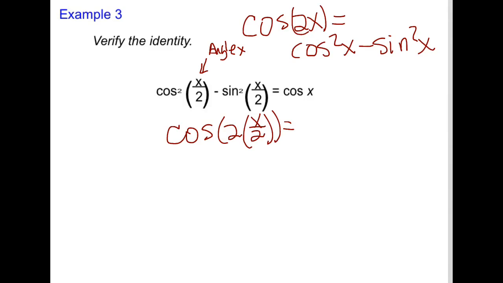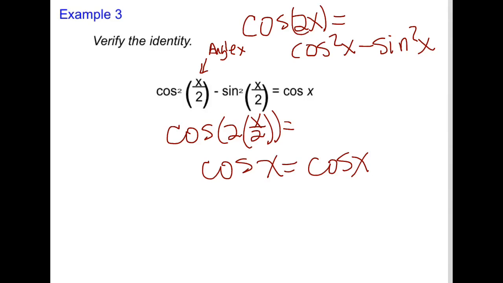When I do that, all I did was substitute x over 2 for my x. The 2's will cancel out because it becomes a fancy form of 1, and I end up with cosine of x is equal to cosine of x.